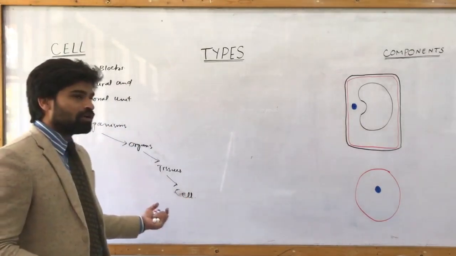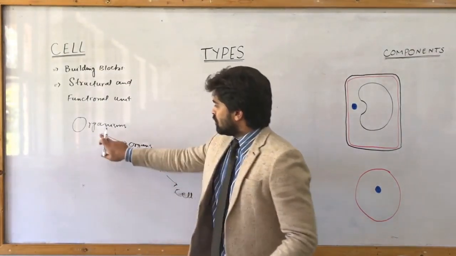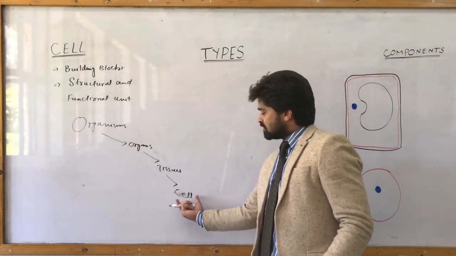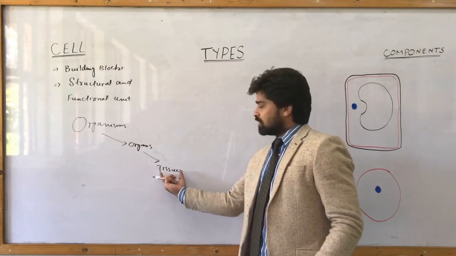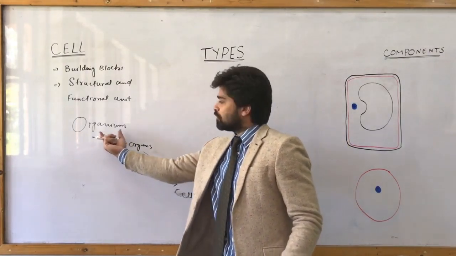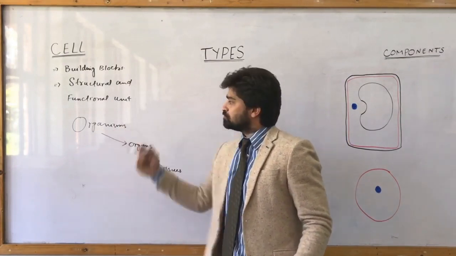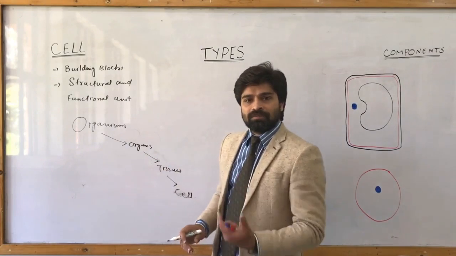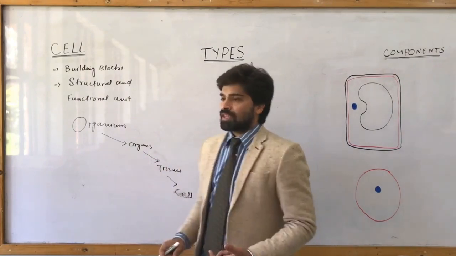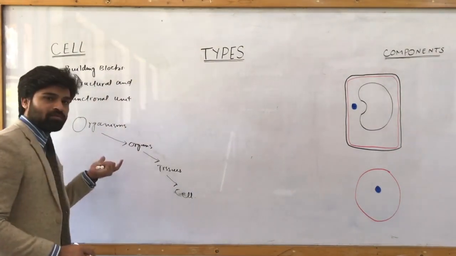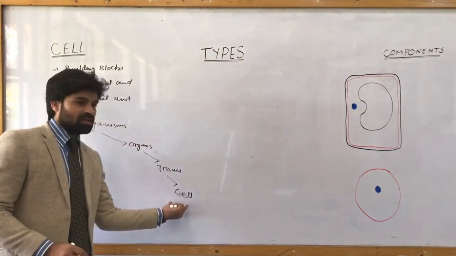So you can see over here that an organism is basically formed of cells. Cells unite together to form tissues, tissues unite together to form organs, and organs unite together to form an organism. That is how an organism is made up of cells. And the functions an organism performs are basically performed by the cells.